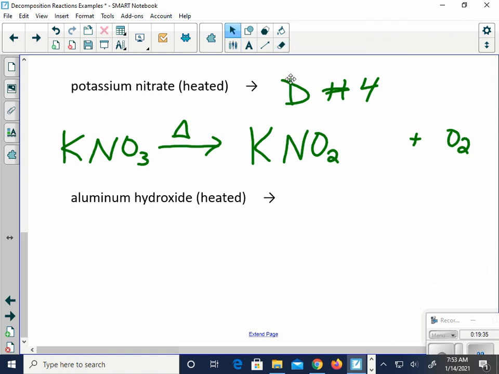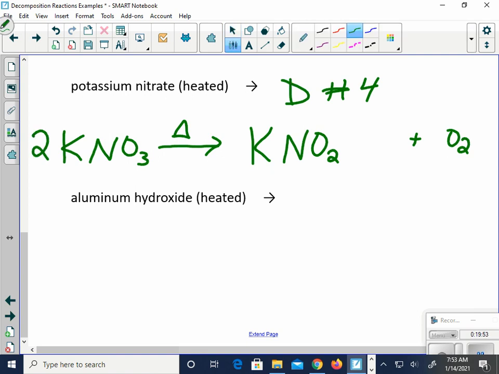Clean it up a little bit. I can bet here that I've got some problem balancing. So KNO3, KNO2 plus O2. I can see that I got some issues with my odd here.